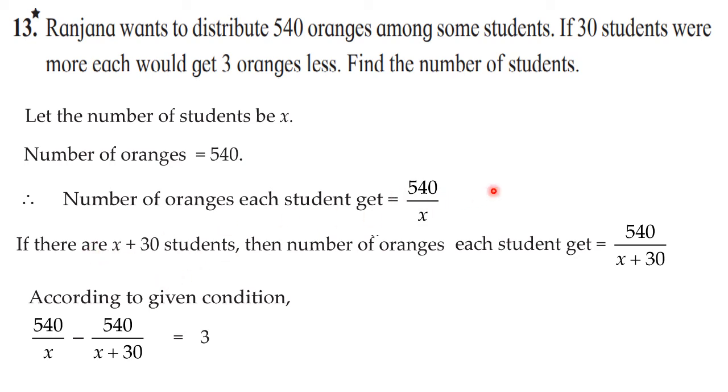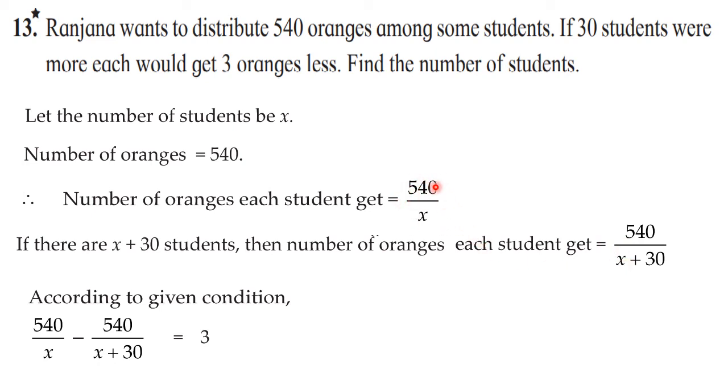That way also you can write, but that becomes a little complicated while solving. So instead, it is easy to find the number of oranges for each student in both the cases and then write the subtraction equal to 3. But you need to understand that the number of oranges in the second case is less, and in the first case it is more.